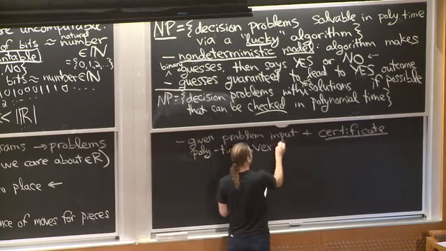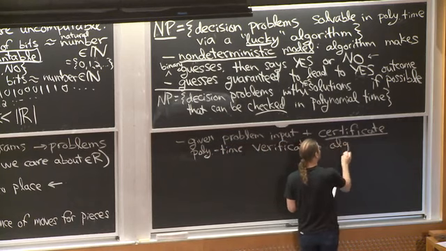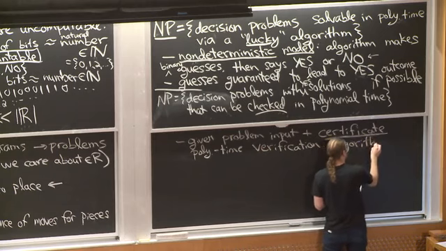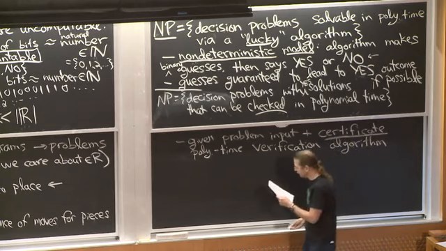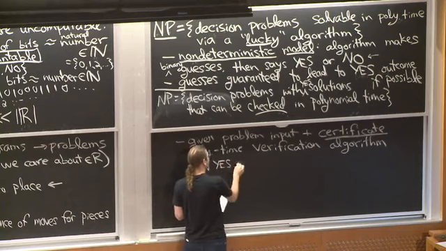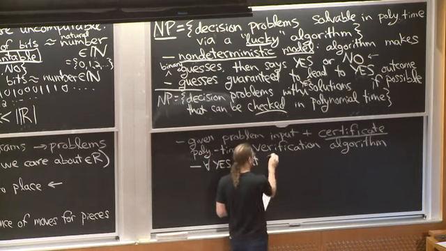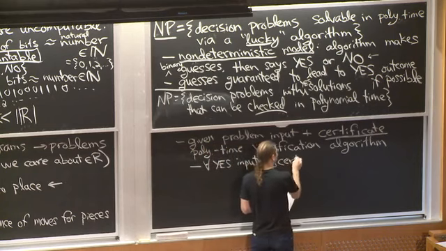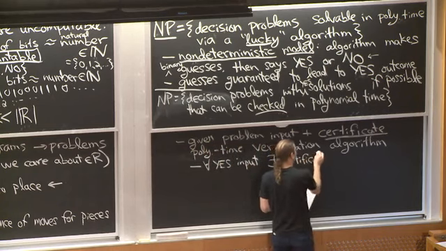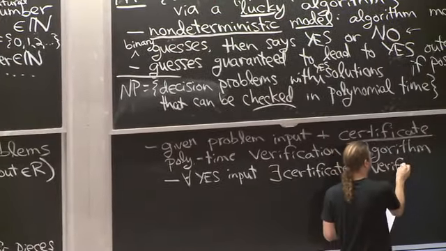It satisfies two properties. One is for every yes input, so every input where the answer is yes to the problem, there exists a certificate such that the verifier says yes.